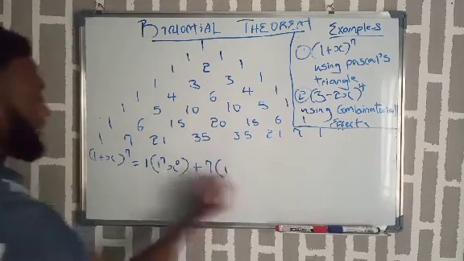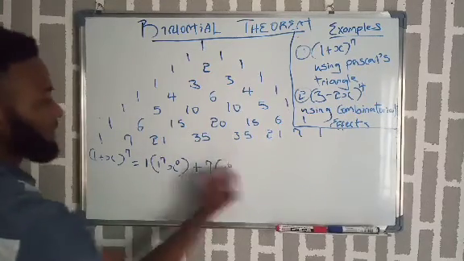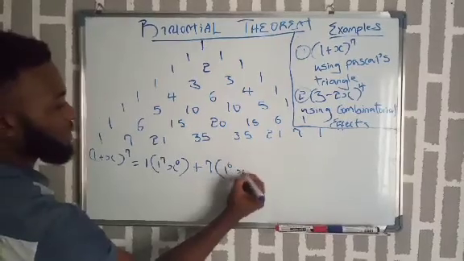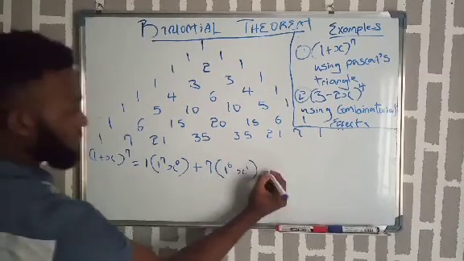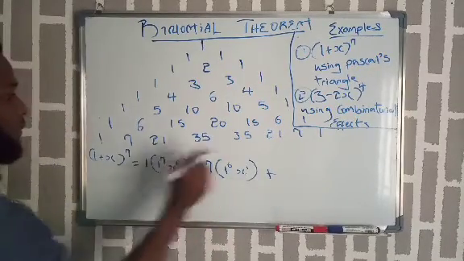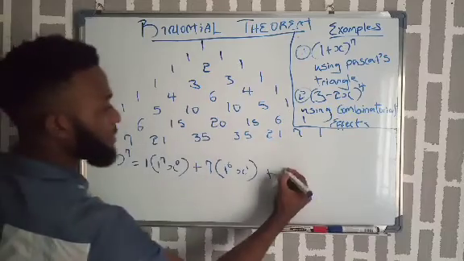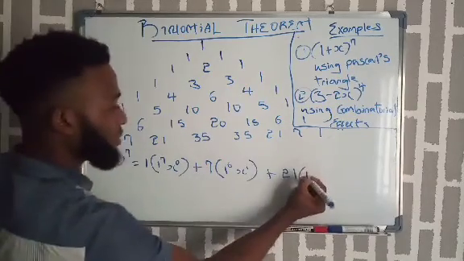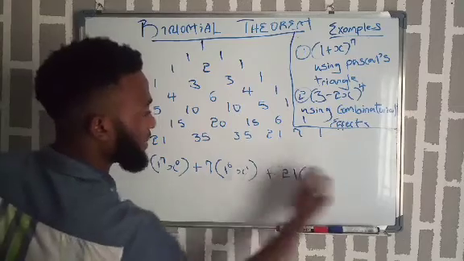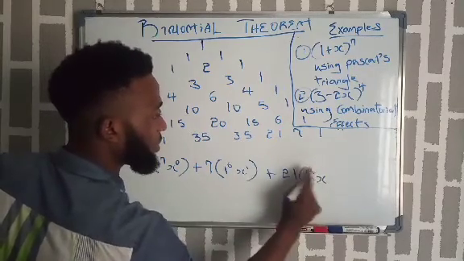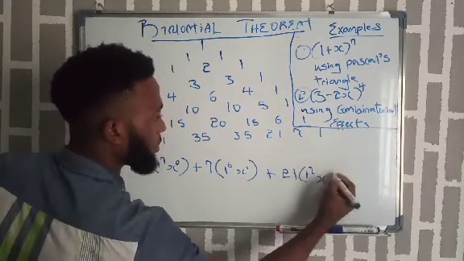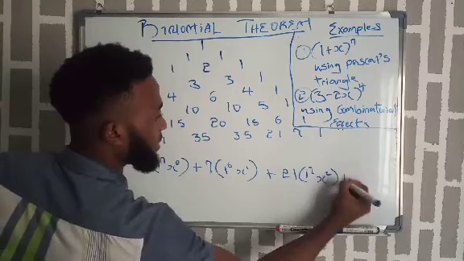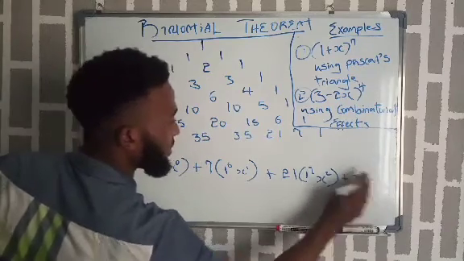Now write out the first term, which is 6, then this adds up to 1, plus the next thing is 21. So this reduces to 7, this increases to 2. The next coefficient is 35.